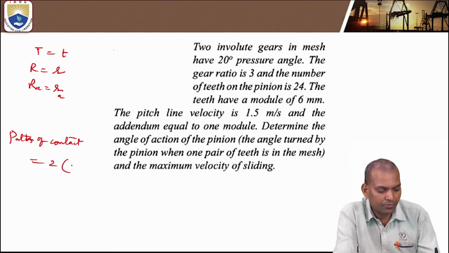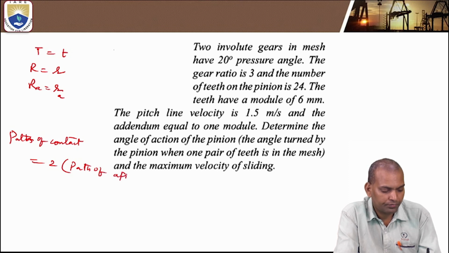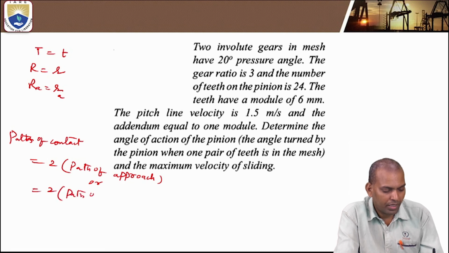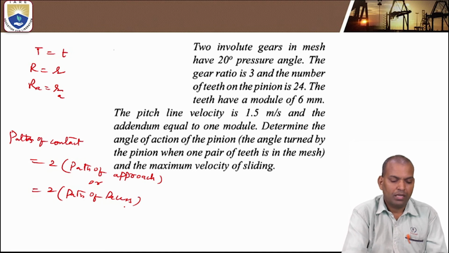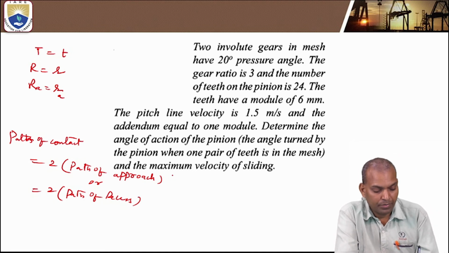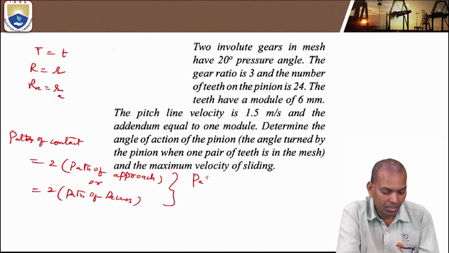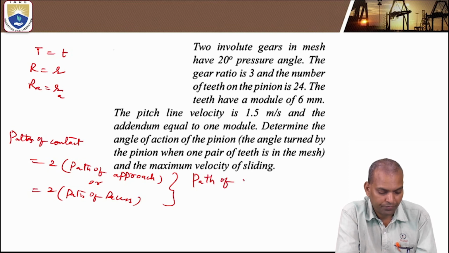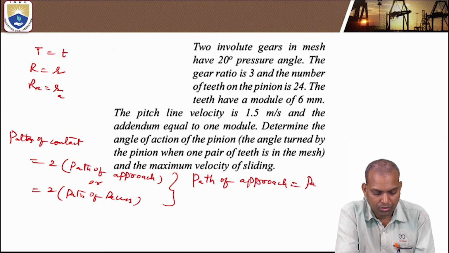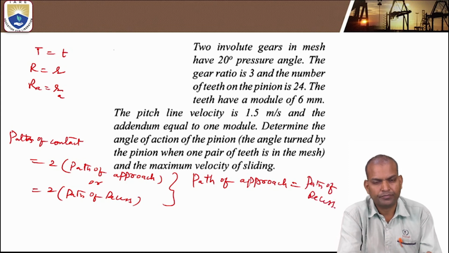That means the path of contact is 2 times the path of approach or 2 times the path of recess. The meaning from this is that the path of approach is equal to the path of recess.